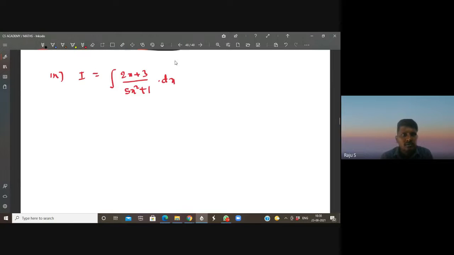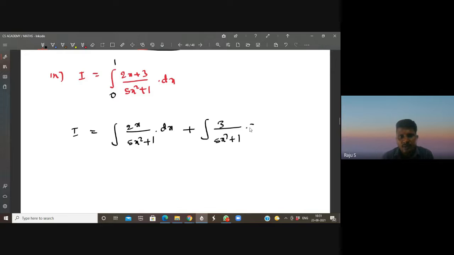Clear, students? Okay, fine. Given the integral, from where to where are the limits here? Limits 0 to 1. So I want to write it separately: 2x by 5x square plus 1 into dx plus 3 by 5x square plus 1 into dx.